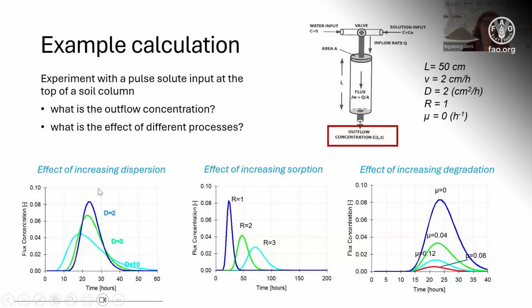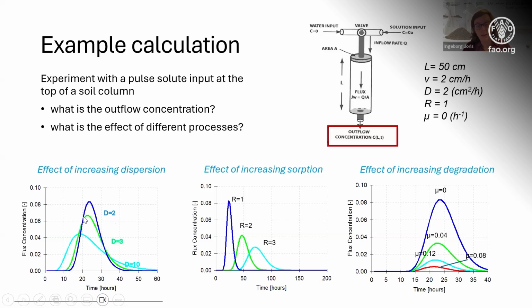In this left plot, we turn up the dispersion. If you have a higher dispersion coefficient, what happens? You see the peak of concentration coming out. The dark blue is the standard scenario. With increasing dispersion, your concentrations will be more spread out.